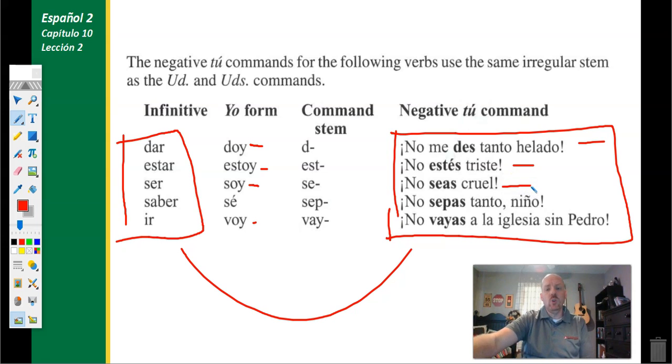Then ser, no seas, don't be. Saber, no sepas, don't know. Ir would be to go. No vayas, don't go. Right, so we really just have to memorize those irregulars. And with only 5 of them, that shouldn't be too much to commit to memory.